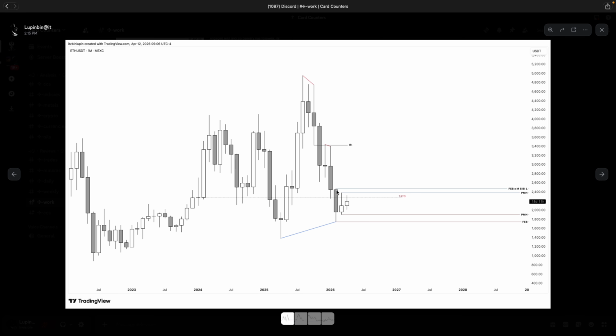So we have Feb's price action, its high and then its low. We end up seeing March being an inside candle inside of Feb. And then we have March, its respective high and its respective low. And we currently see price action still being inside of our previous month's range, being its respective high and its respective low.